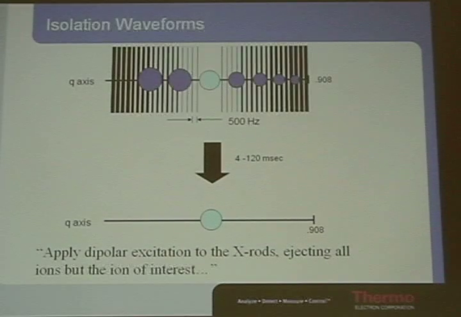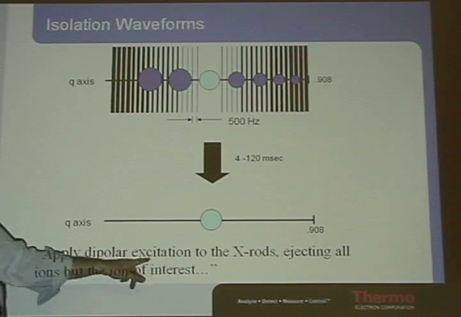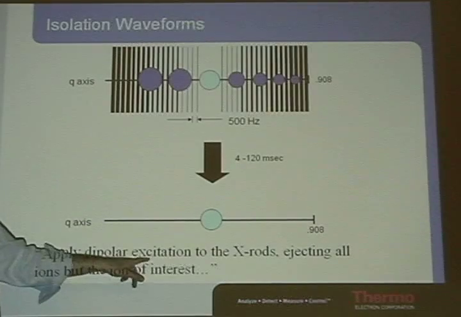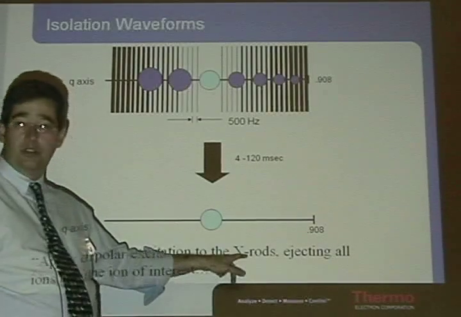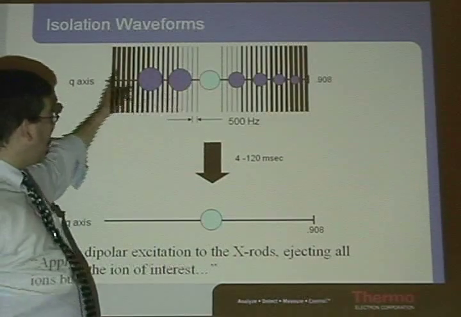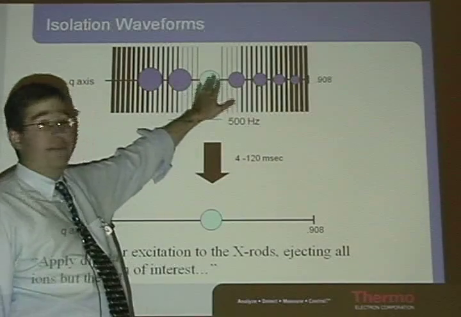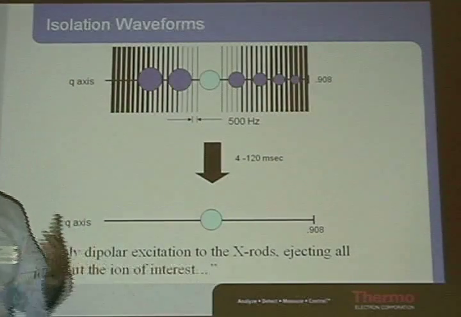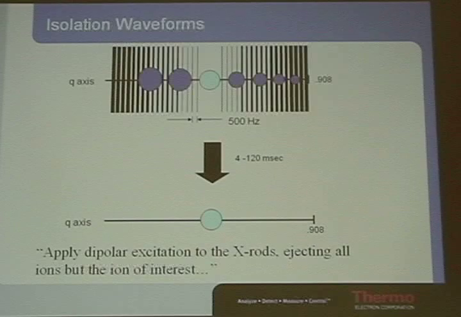The way we do that is we apply a dipolar field to the X rods, ejecting every ion but the ion of interest. If this is the ion of interest, we know its frequency because we know its mass. So you're actually changing the amplitude of the dipole?